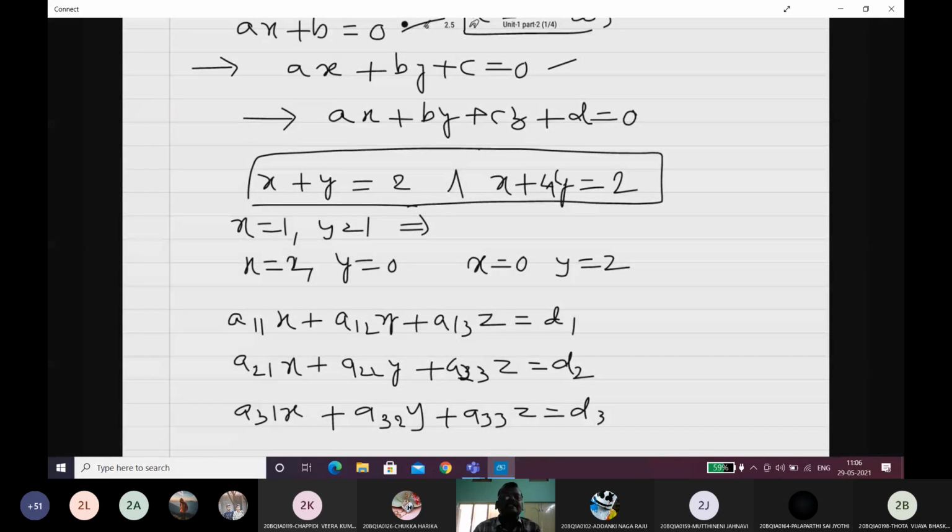Let us consider the system of three unknowns with three equations.